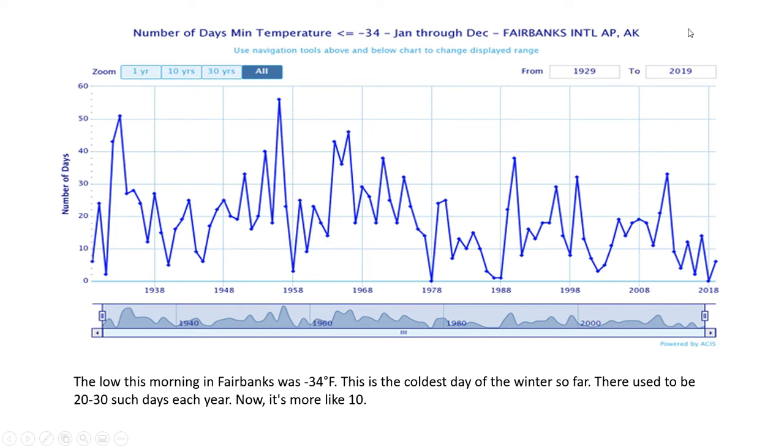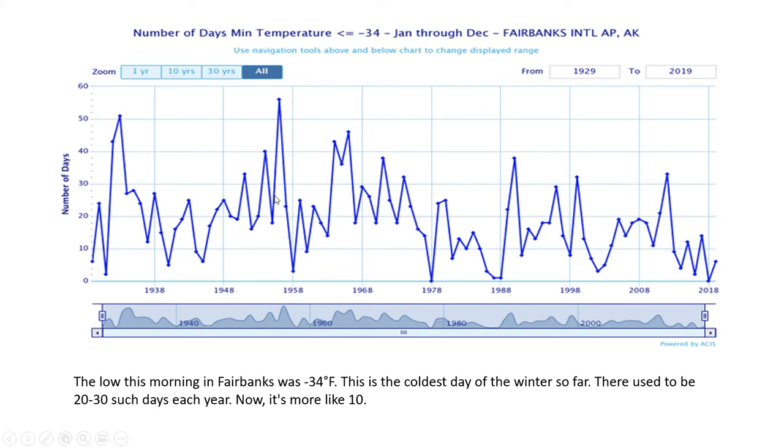Bear that in mind. So this is year by year, again, January through December, okay? And so what do we see? The number of days. So in this year, we had 51, 52 days where it was 34 below, in Fahrenheit, or colder.